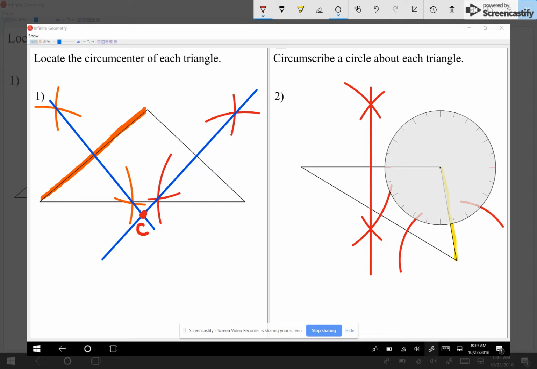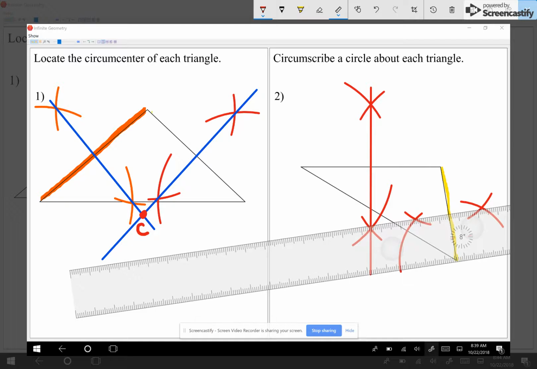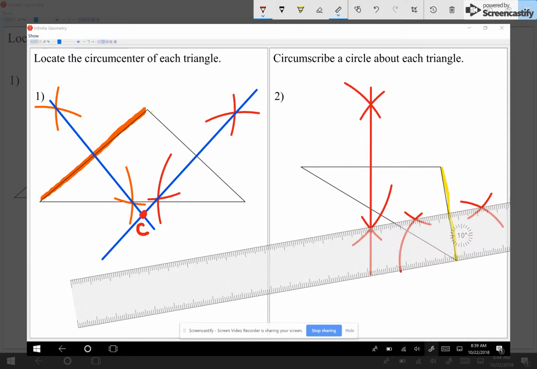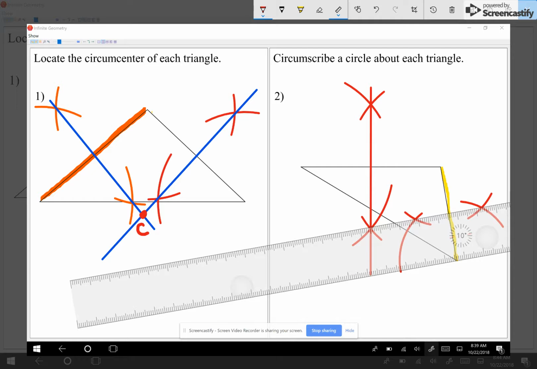I have to center there and keep the same aperture of the compass. I'm going to do an arc here and an arc there. And I know once I connect them, my intersections are going to be crossing this segment at 90 degrees through the middle.